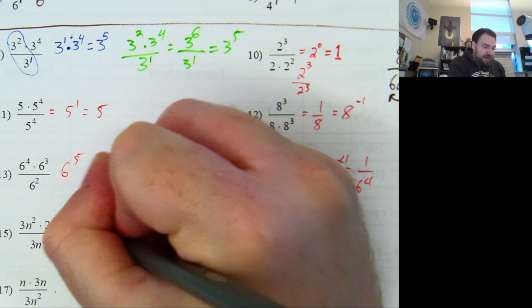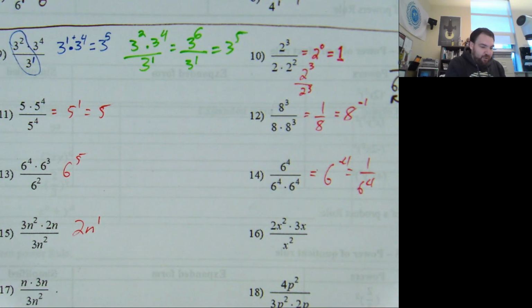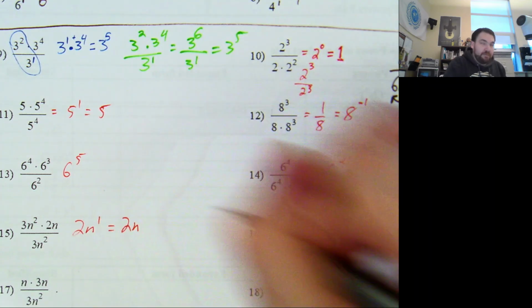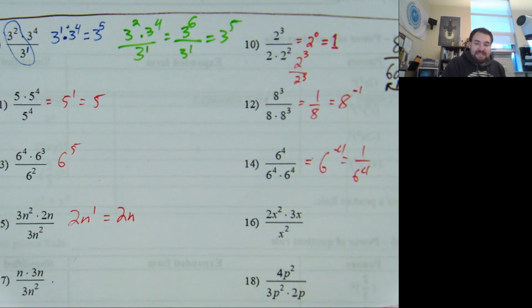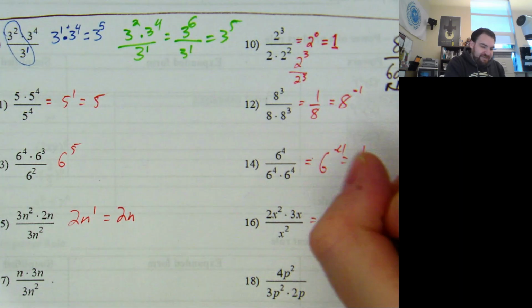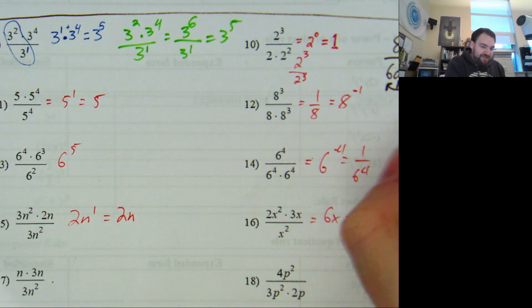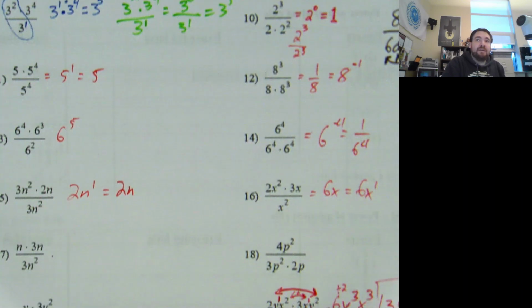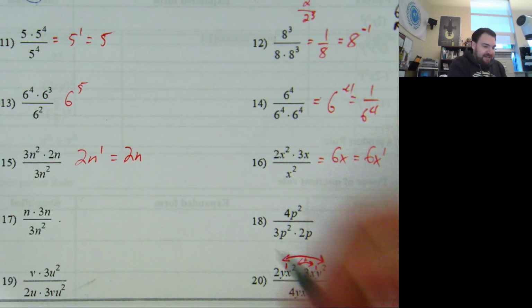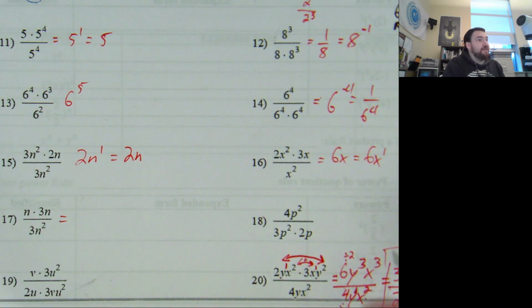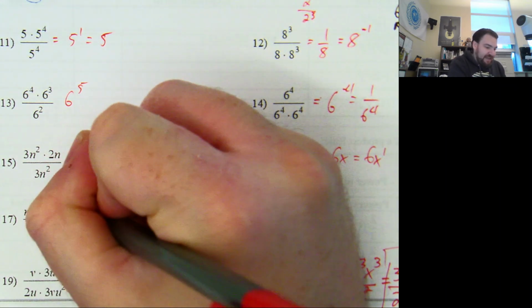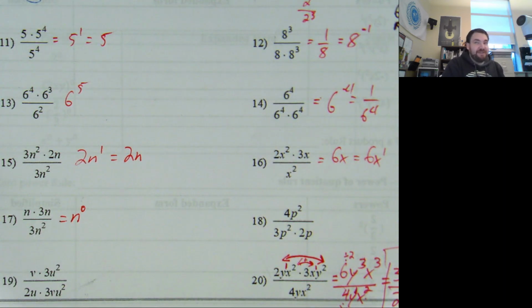15 is 2n to the 1, or just 2n. 16 is 6x, or 6x to the 1. 17 is, you could write it 2 different ways. I saw some of you leaving this thing as n to the 0 yesterday. That's great.